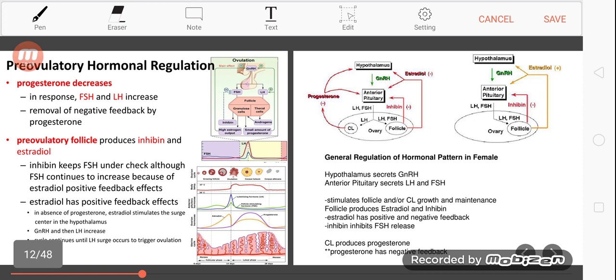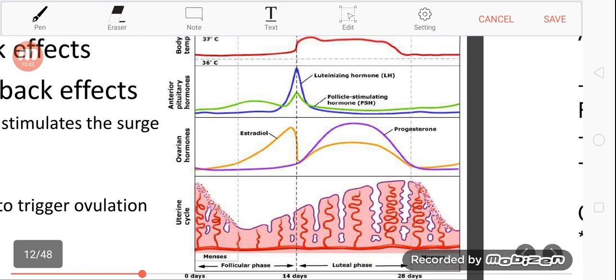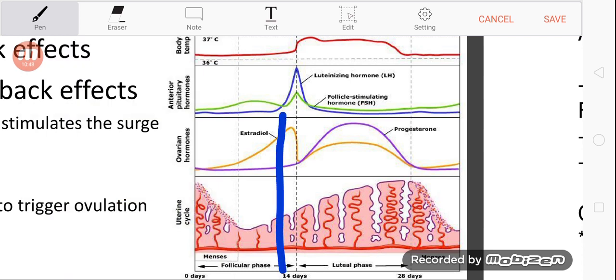What happened also in that phase, here progesterone decrease. It's not decrease, progesterone is low. Progesterone and estrogen are actually a negative feedback switch for the hypothalamus and anterior pituitary. But at the follicular phase, especially at the end of the follicular phase, as you can see, progesterone is low.